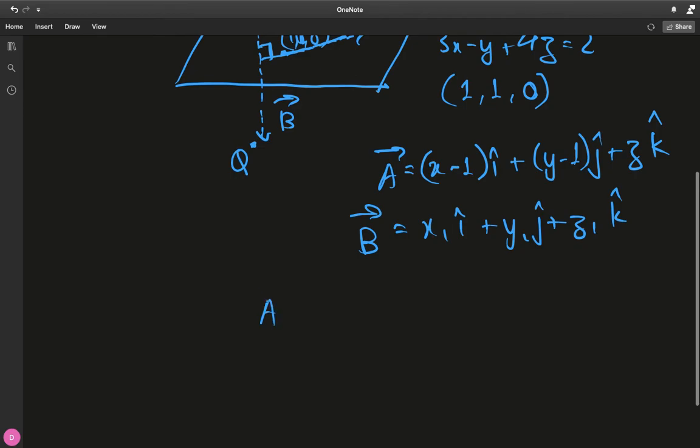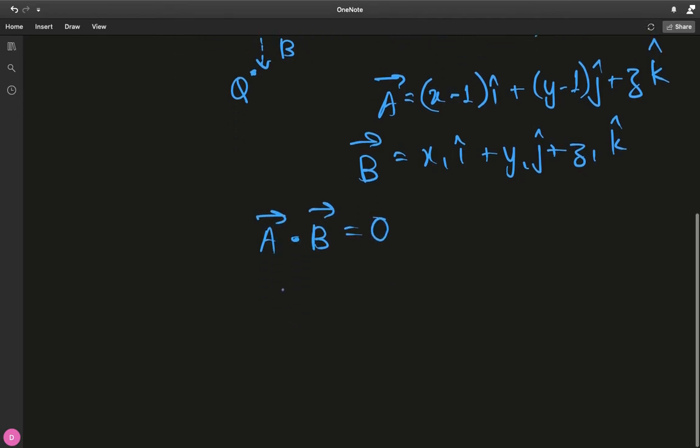So like one of the previous questions, a bar dot b bar will be 0, and when you substitute and take the dot product, you end up with x sub 1 x plus y sub 1 y plus z sub 1 z is equal to x sub 1 plus y sub 1.